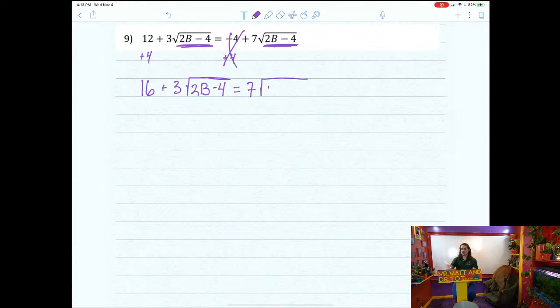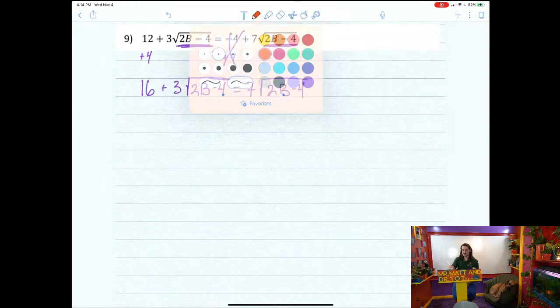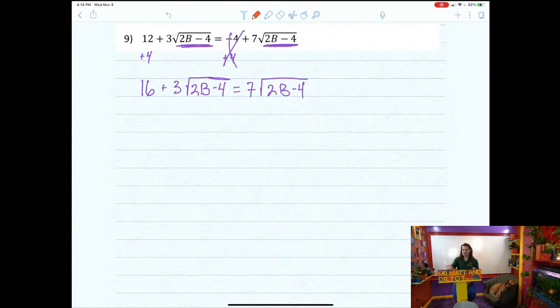Now I could subtract 3 times the square root of 2b minus 4. I can subtract this whole thing on both sides. And because they have common radicands, I can keep the radicand and add or subtract the coefficients.